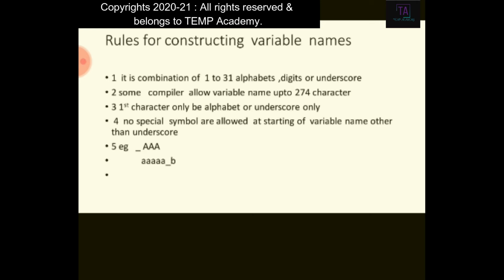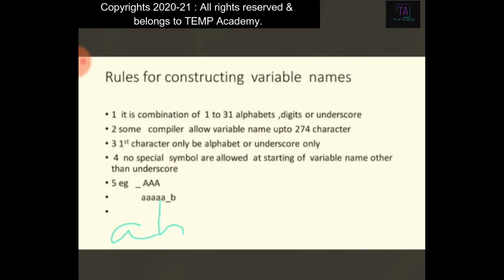Some compilers allow a variable name up to 247 characters. And the first character can only be an alphabet or underscore. Means we can take first an underscore and then any alphabet or any digit.